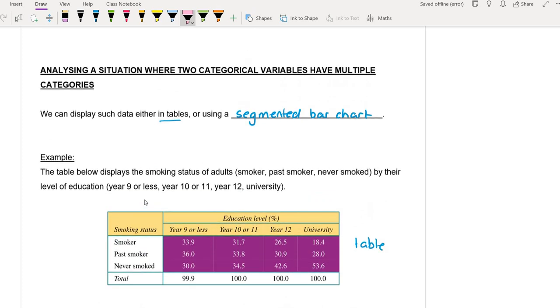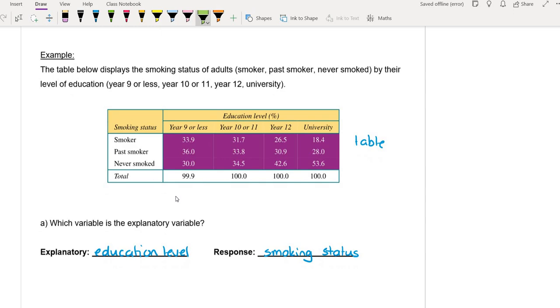Now we can do exactly the same when we have multiple categories. Looking at this example here, now we have many categories in this table. This is to do with whether people have smoked, smoked in the past, or never smoked, and their level of education. So smoking status and level of education.